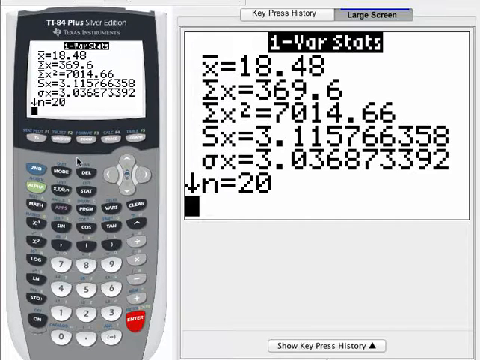So using these values, I'm going to write them down in order to do part C of the question. So my sample mean is 18.48. My sample standard deviation, I'll call it 3.12.